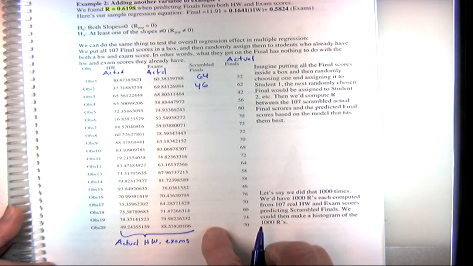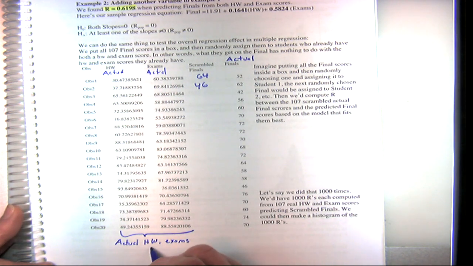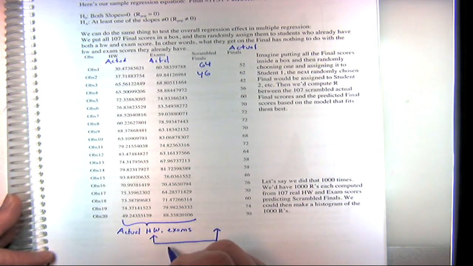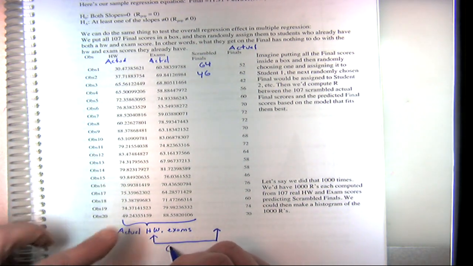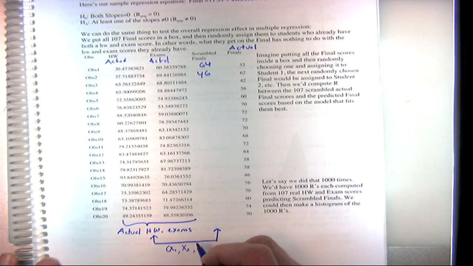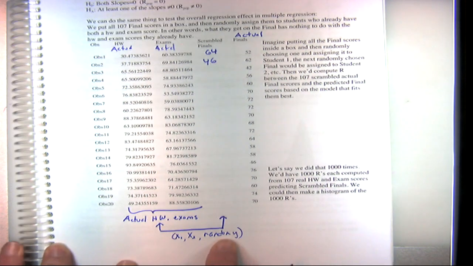And these are the scrambled finals. So what we're going to do is compute R between these and these random ones. So what will we have here? We'll have an x1 that's actual, an x2 that's actual, and then a random y. Okay, so that will be what we have.